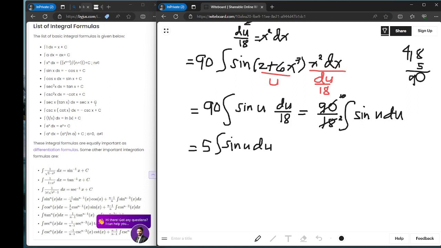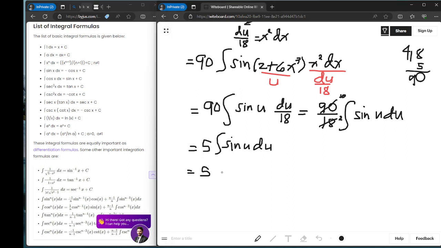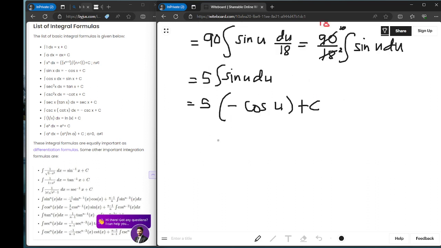If we check the integral formulas, we now have this sine x dx. So if we just replace x by u, this sine u du is equal to 5 times, we have here negative cosine of u plus c. Do not forget the plus c.